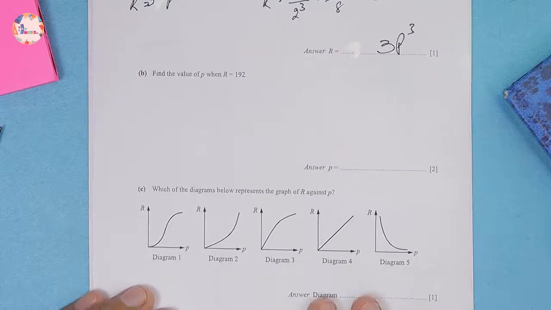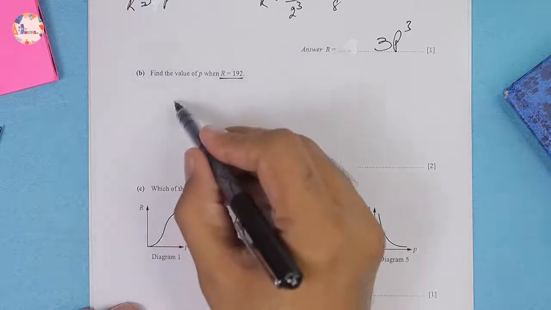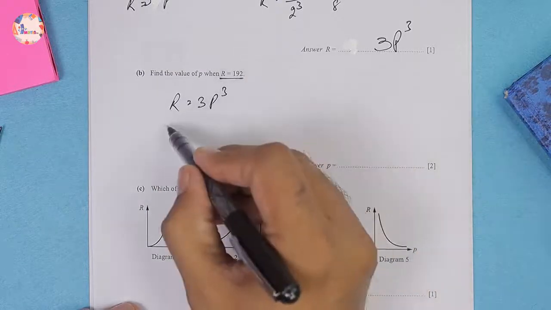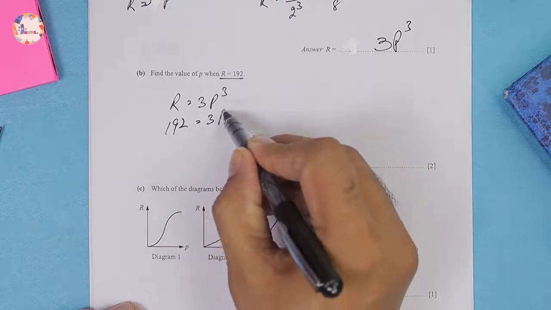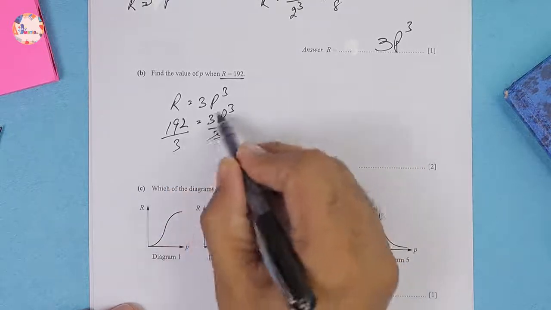Now find the value of p when r is equal to 192. So our formula is r is equal to 3p cubed. Now r is equal to 192. We can write here 192 is equal to 3p cubed. 3 we can shift to this side or divide both sides by 3. This is cancelled.